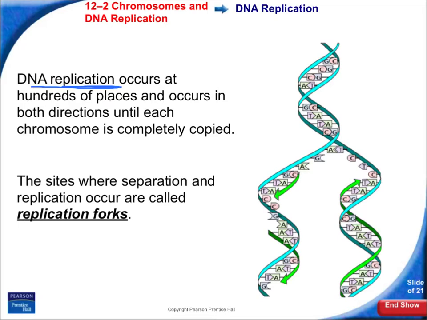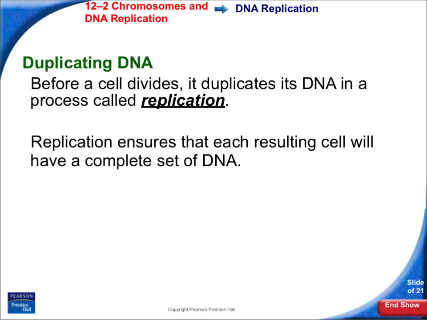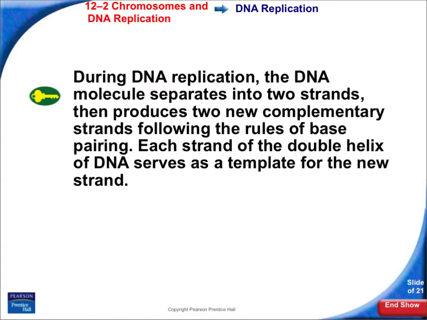These places where the strand unwinds are called replication forks. You see here is where we would say our replication fork is. So the two strands have separated, and now they're going to start to be copied. Like I said before, the duplication of the DNA is called DNA replication. It just means that we're going to make a copy.